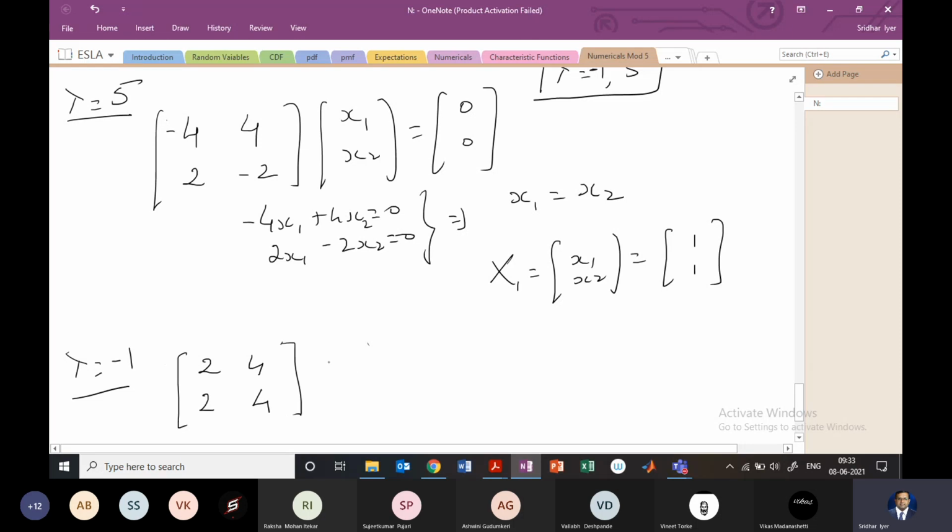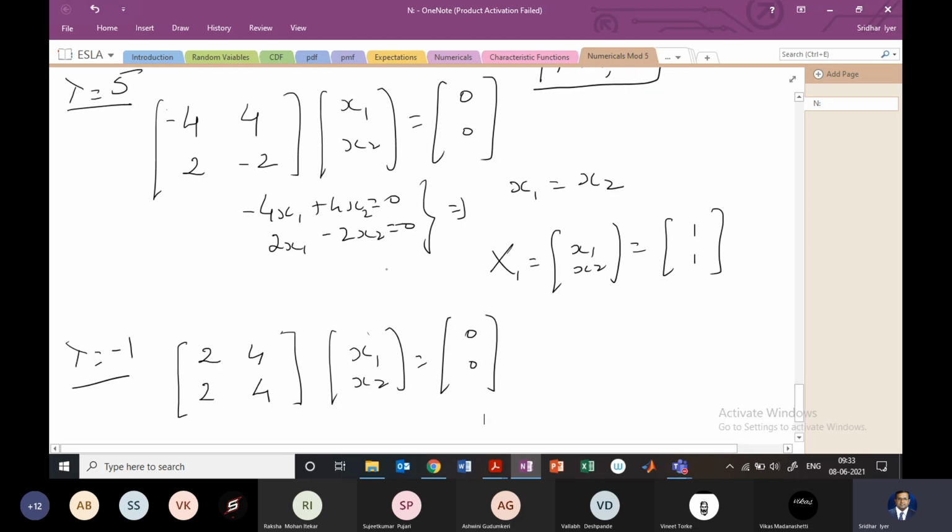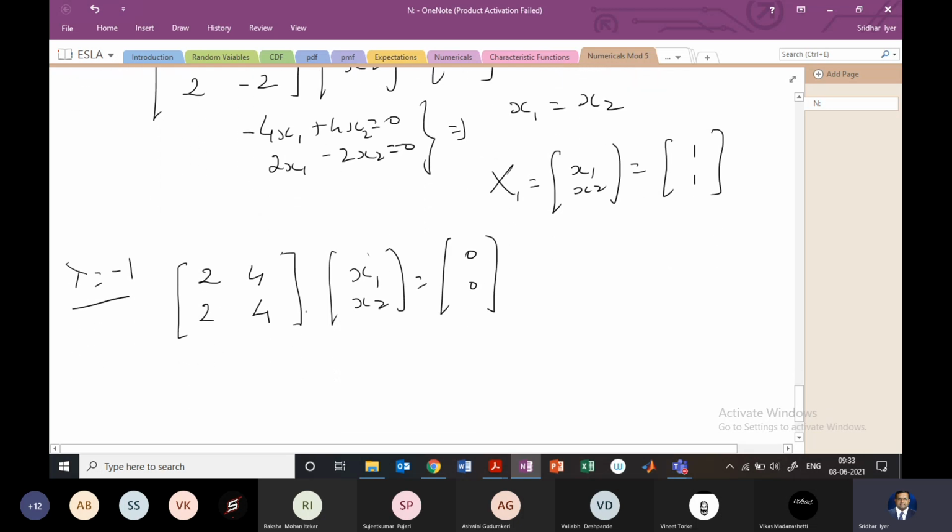Right? So then this will have x1 and x2 equal to 0 and 0. The equation which we have is 2x1 plus 4x2 equal to 0. And from this equation, we'll get x1 equal to minus 2x2.